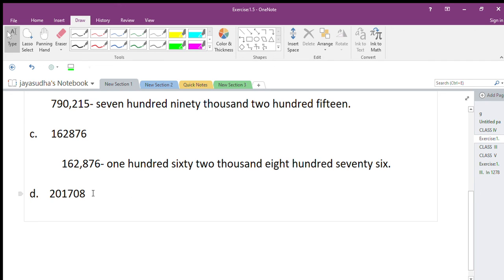Now move on to the D sum. You write the number 201708. Okay. Now you put your commas according to the international place value system. I finish the commas and then I want to write the number name. 201,000.